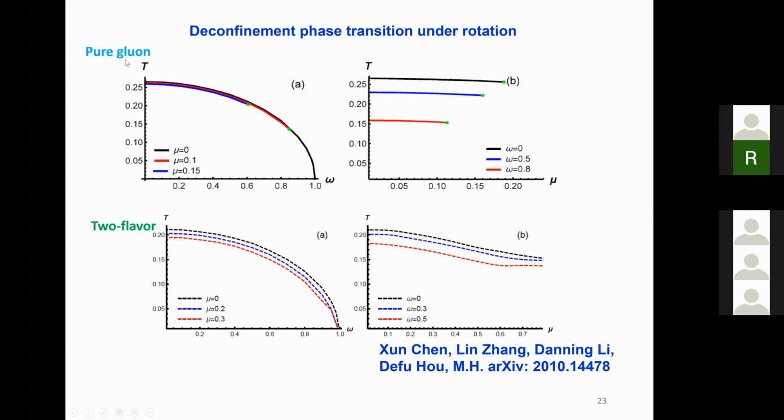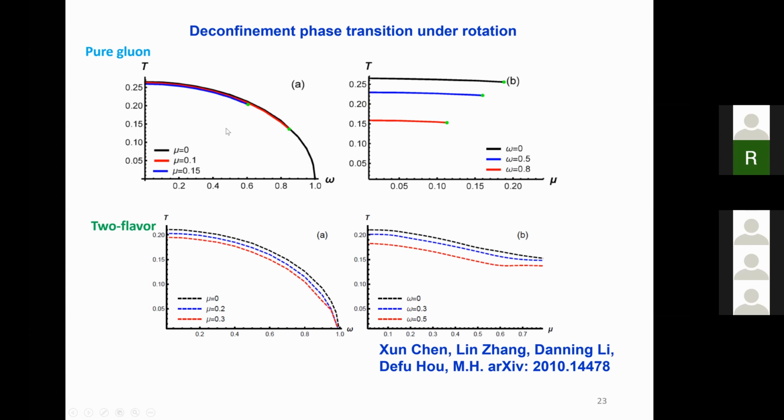For the pure gluon system, this phase transition is actually a first order phase transition at small mu and a crossover at high mu.